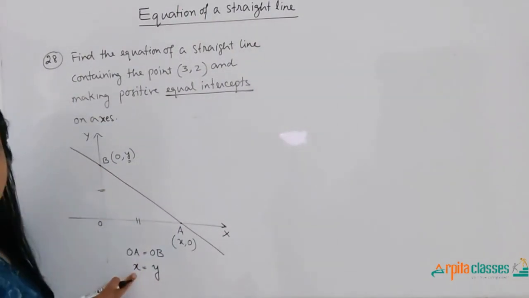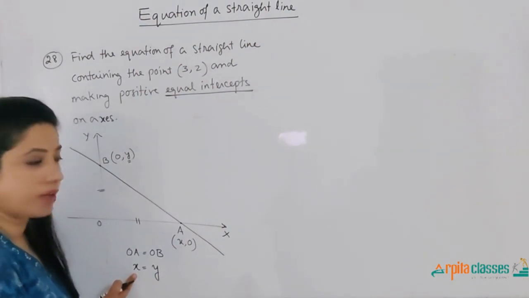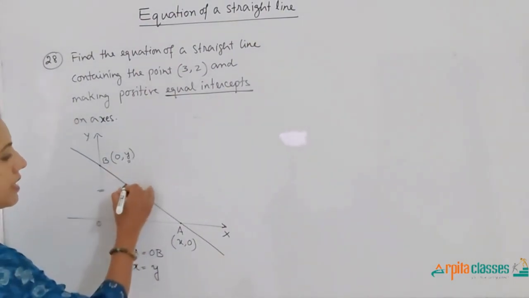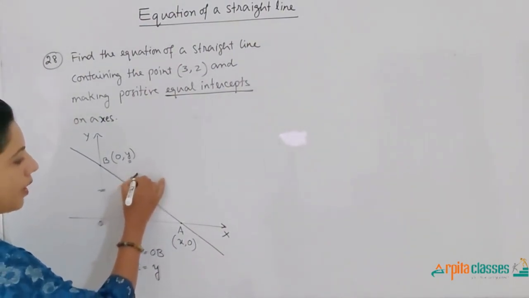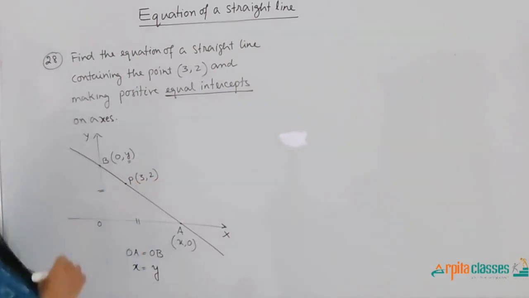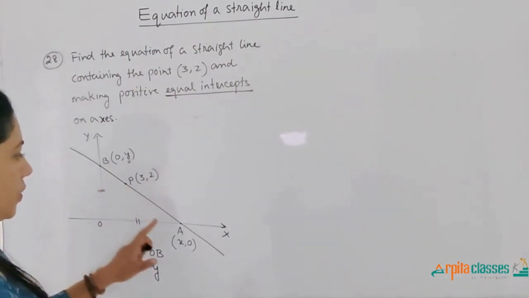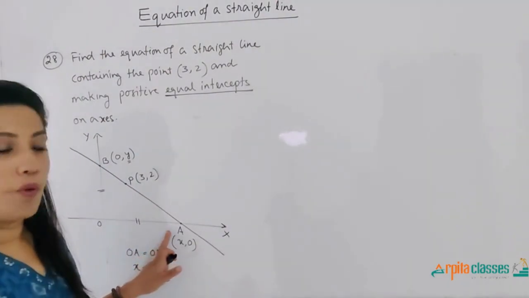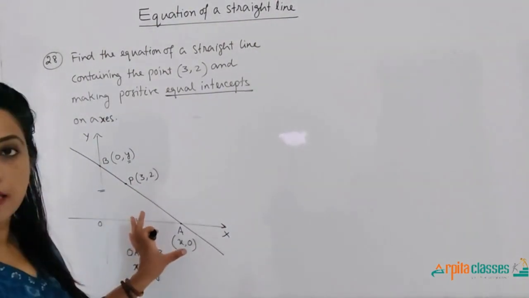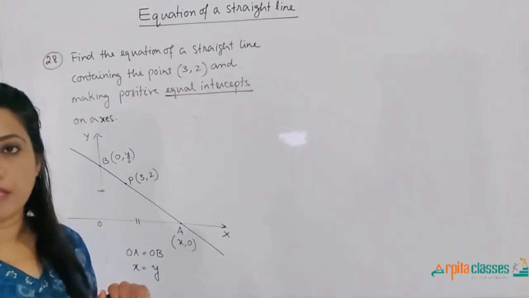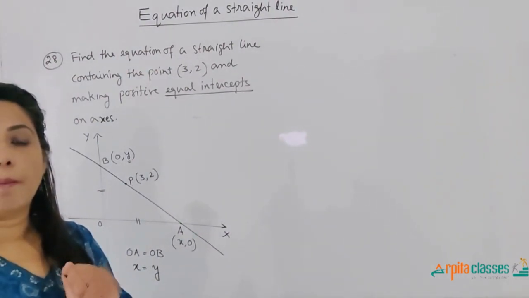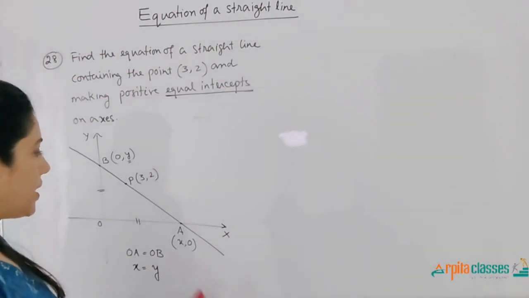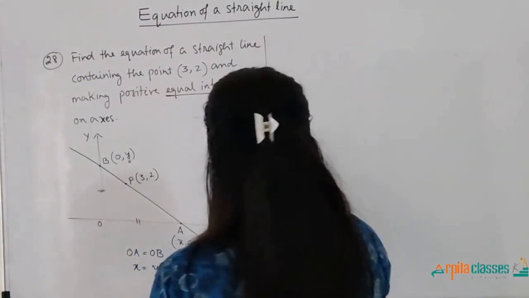So we are getting x is equal to y. This is one piece of information we got from here. Secondly, this line is passing through another point P, that is (3, 2). If we can find the slope of this line from points A and B, then we can find the equation of this line by the slope point form. So let us find the slope of this line.